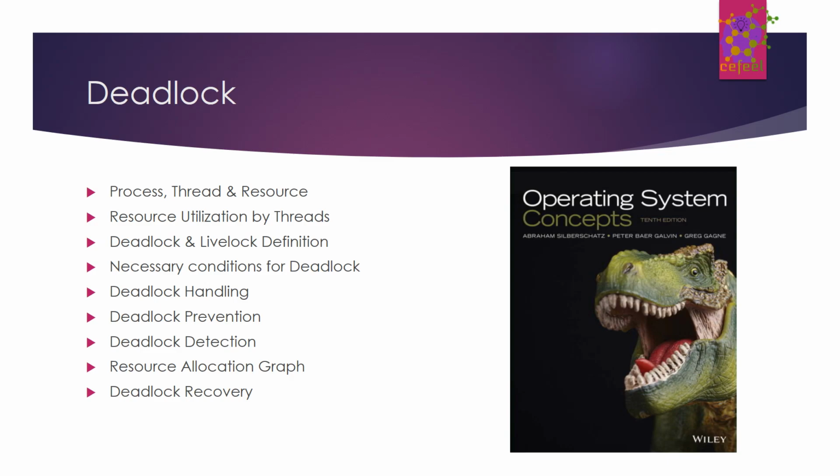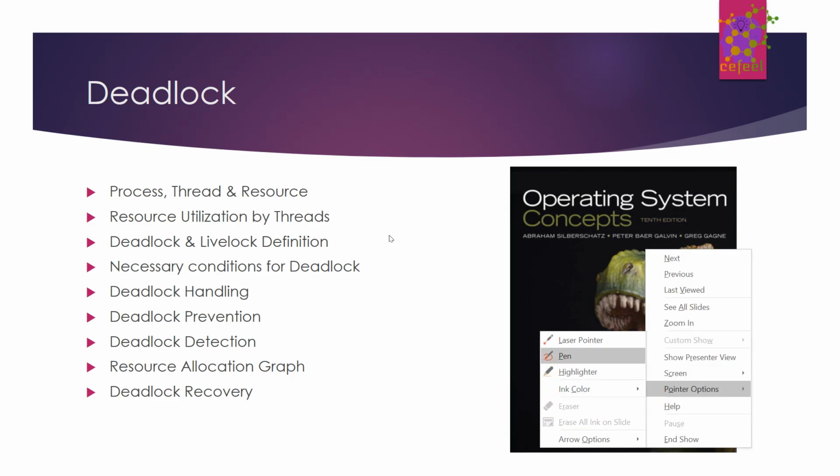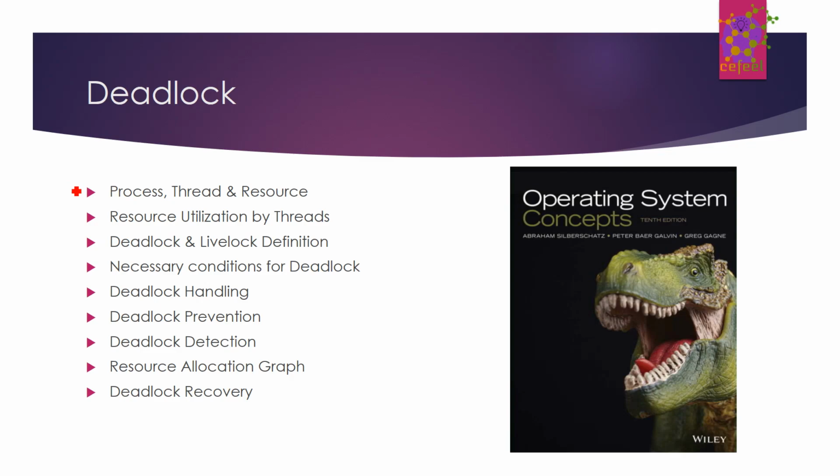Then we will get to the most important part of the video, which is the necessary conditions for deadlock. These are very important because the whole concept of deadlock moves around these four conditions. Then we will see how we handle deadlocks, basically various techniques to handle deadlocks.